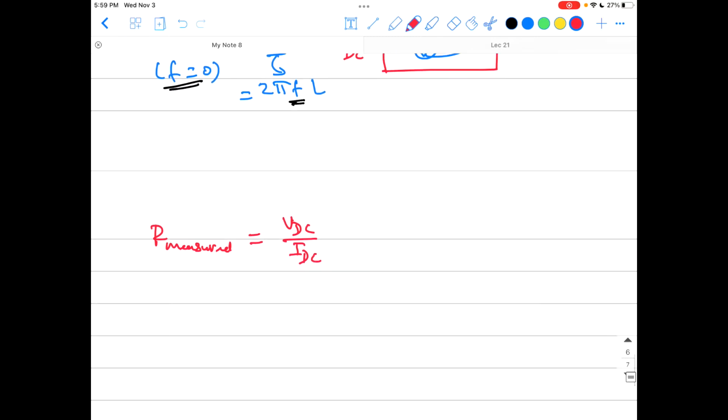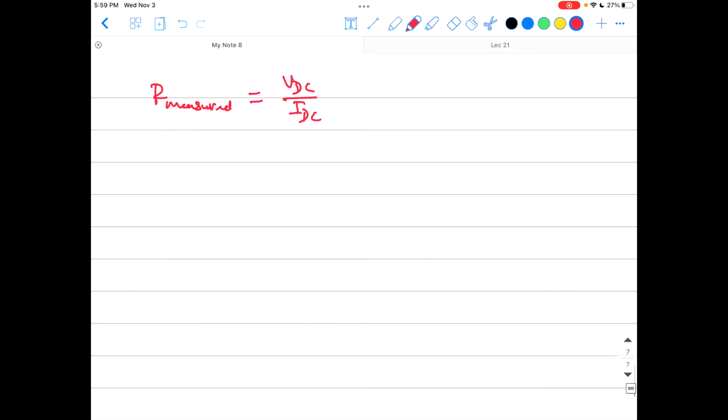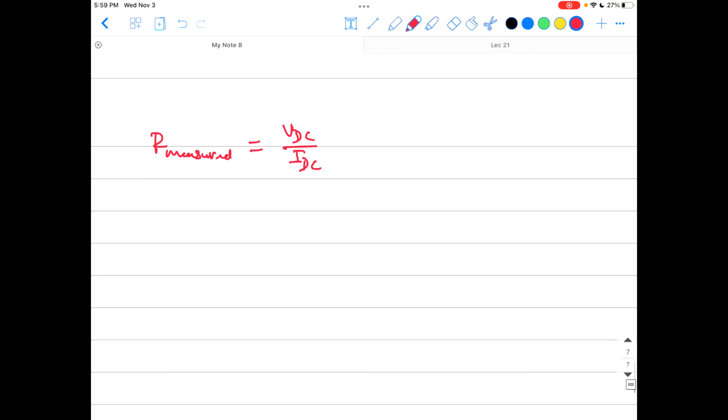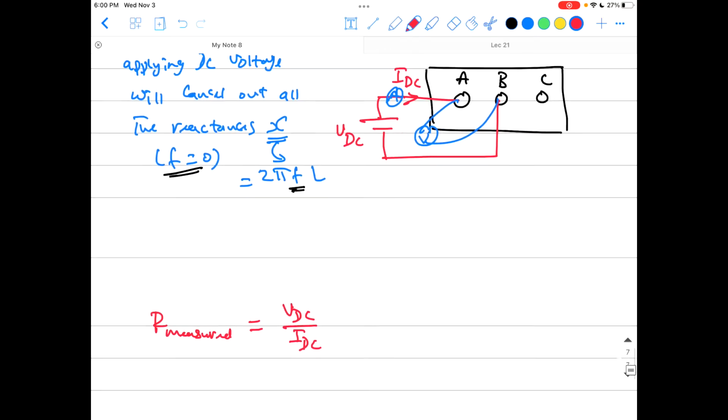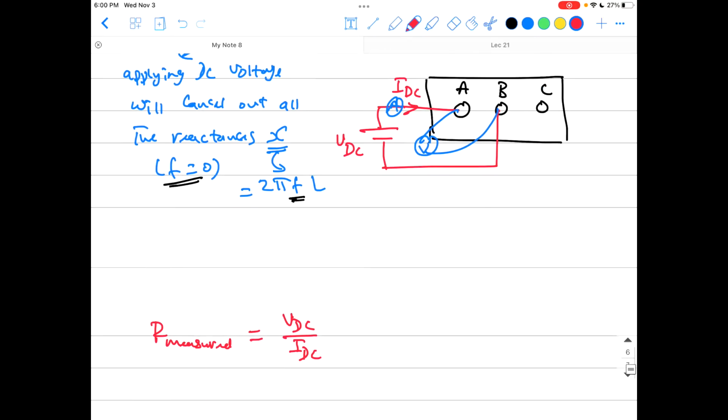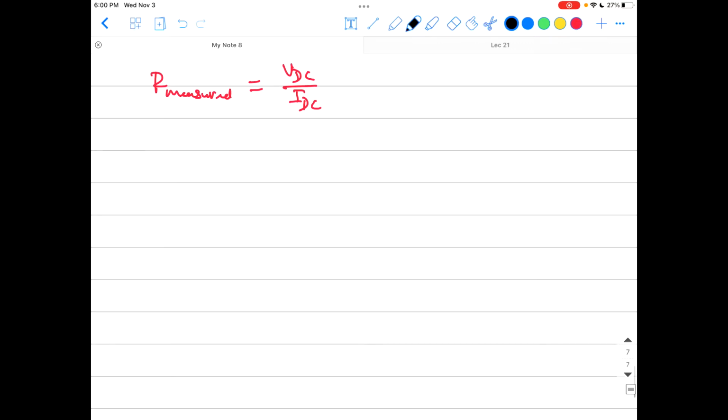Okay, and this R measured is the resistance of the stator winding, R1. Now let's play around with the connections here. We connected those to the A and B terminals, so it depends on the internal connection of the stator winding, if it is delta connected or Y connected. Like we said, they're connected internally.